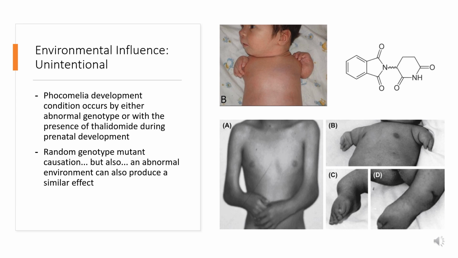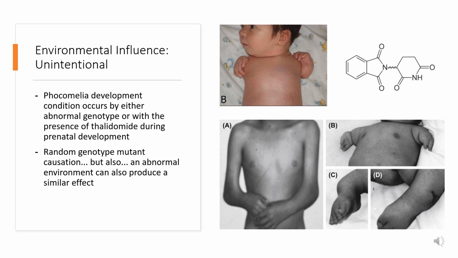On the other hand, an environmental influence that is unintentional is the genetic condition known as phocomelia. This is the development of abnormal arms and legs, as the arms and forearms and thighs and legs are absent, and the hands and feet sprout directly from the trunk of the body.